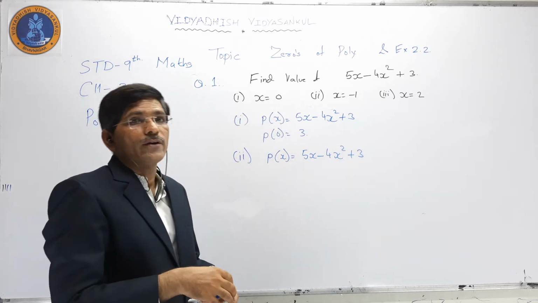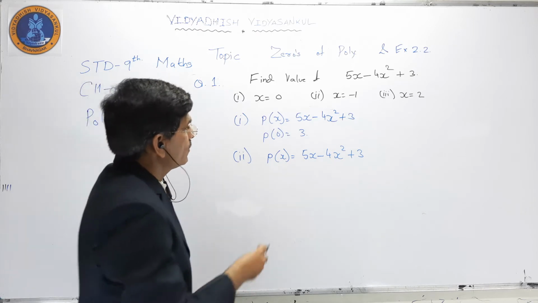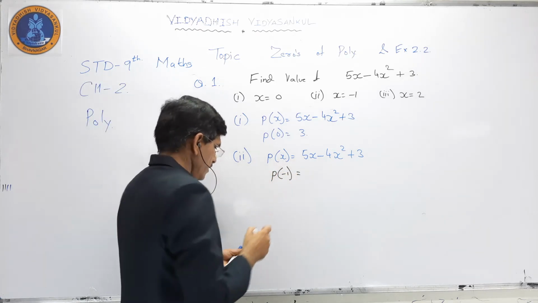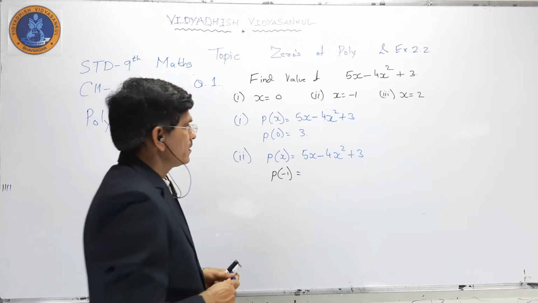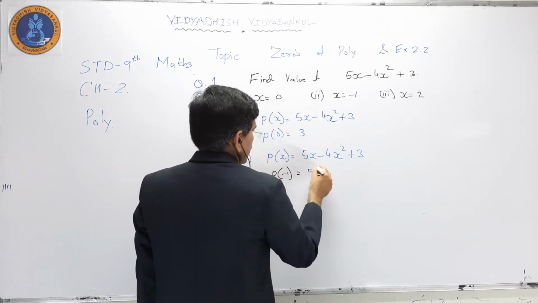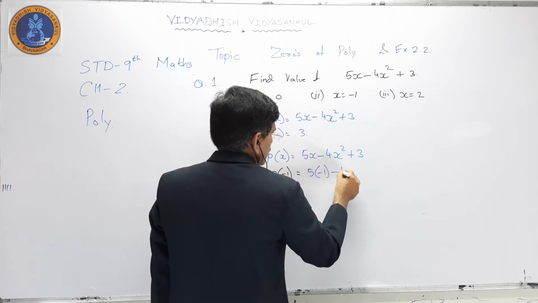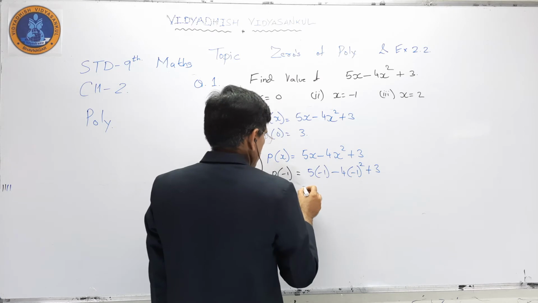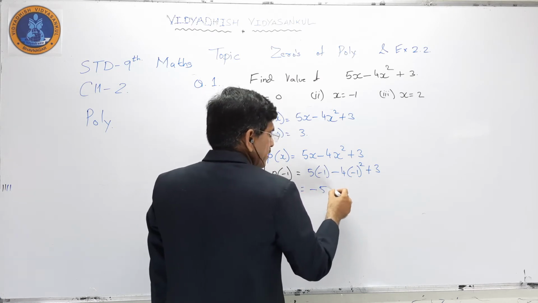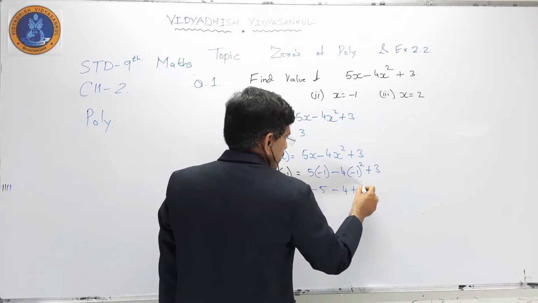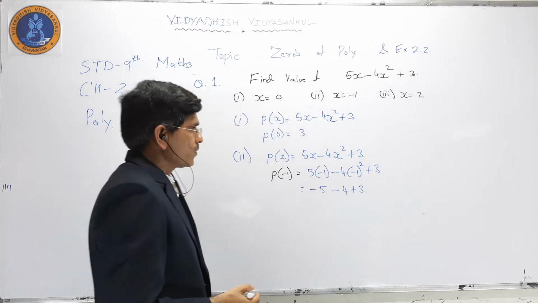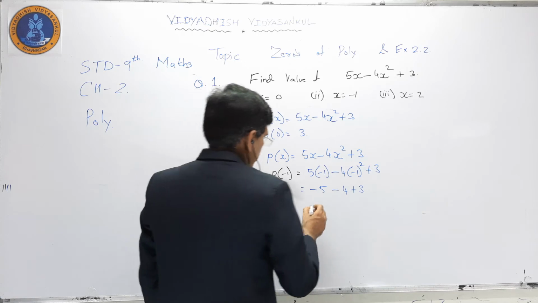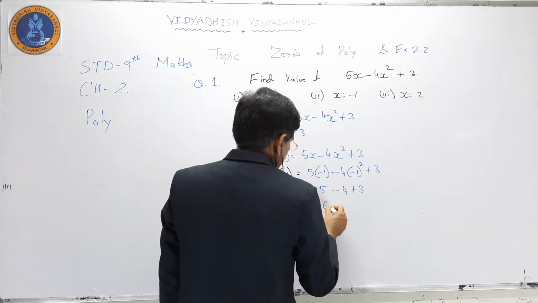Now which value do I have to find? p of minus 1. If I put minus 1: 5 into minus 1 is minus 5, minus 4 into minus 1 square is minus 4, plus 3. So minus 5 minus 4 is minus 9, plus 3, so minus 6.